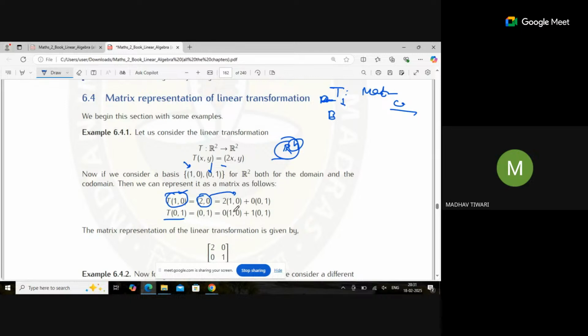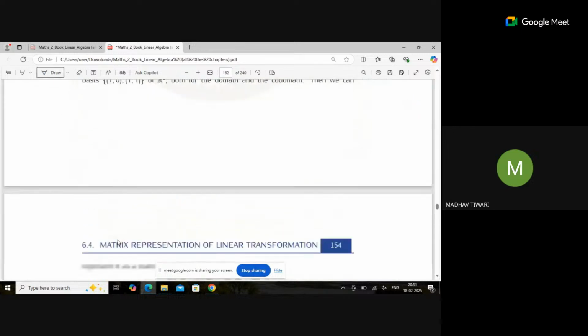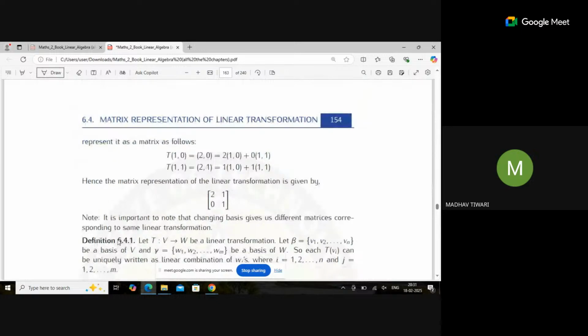After applying, you have to write the columns as rows and rows as columns, I think. Let me check this. Yes, here it is. The 2 0 is there, so you write this as the first column, and 1 1 you write as the second column. So this is the matrix representation.